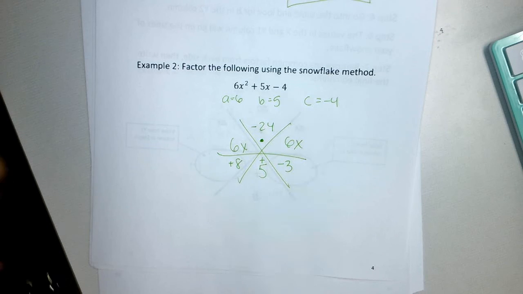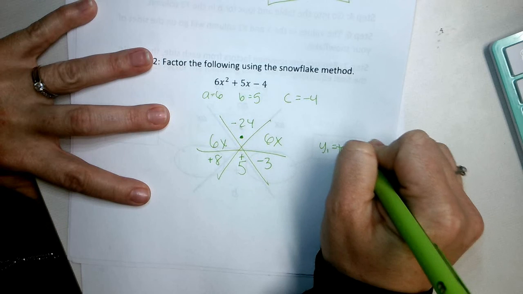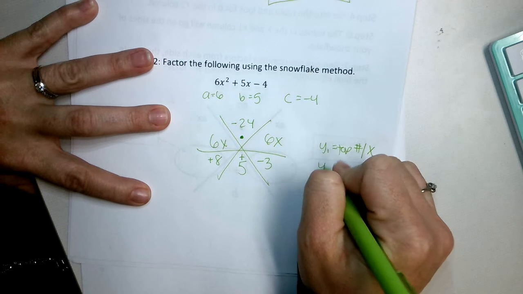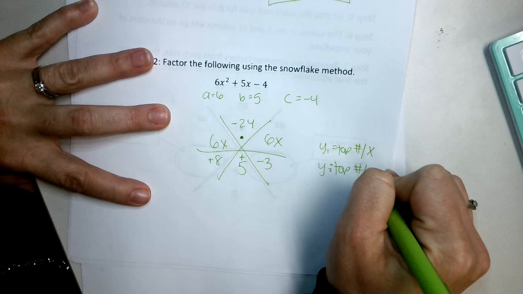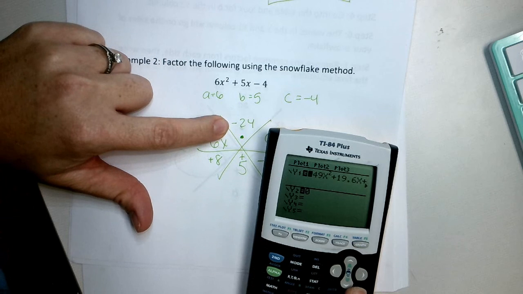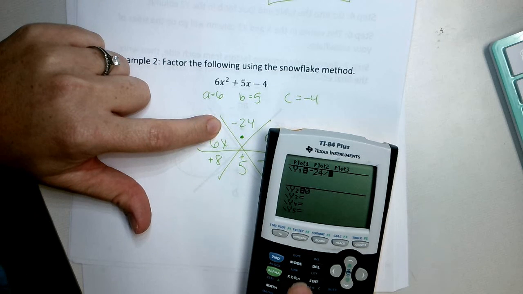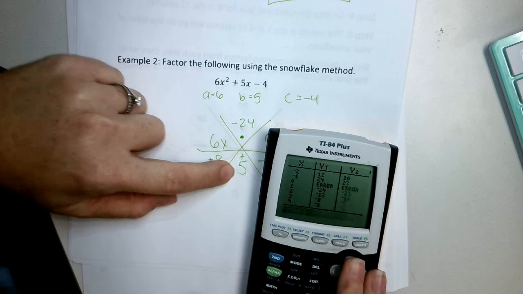Okay, so in Y1, you put your top number divided by X, and in Y2, you put top number divided by X plus X. So watch. Here our top number is negative 24 divided by X, negative 24 divided by X plus X. Second graph, you look for your bottom number in Y2.